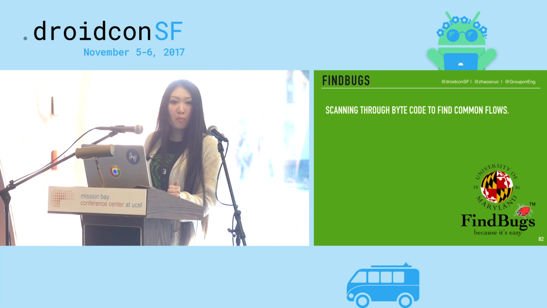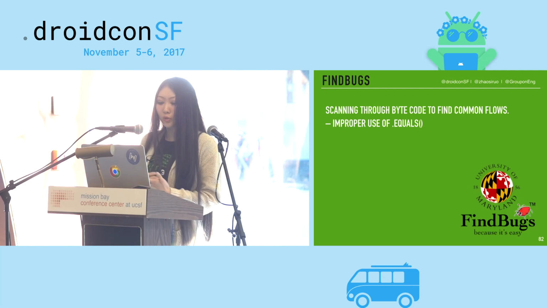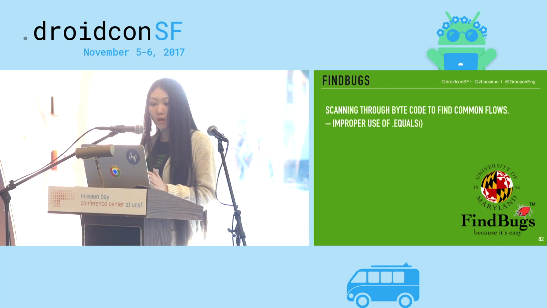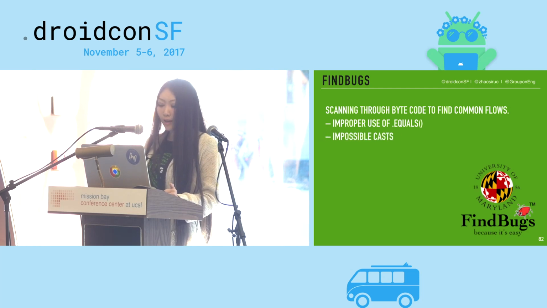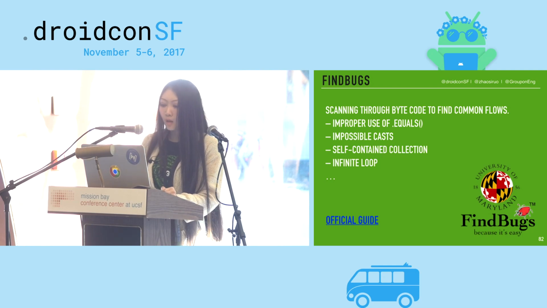Here are some problems that Findbugs finds and PMD doesn't, such as improper use of equals, which is like an equals method that fails on subtypes, or an impossible cast, a collection which contains itself, or infinite loops, etc. And also here's the official document.